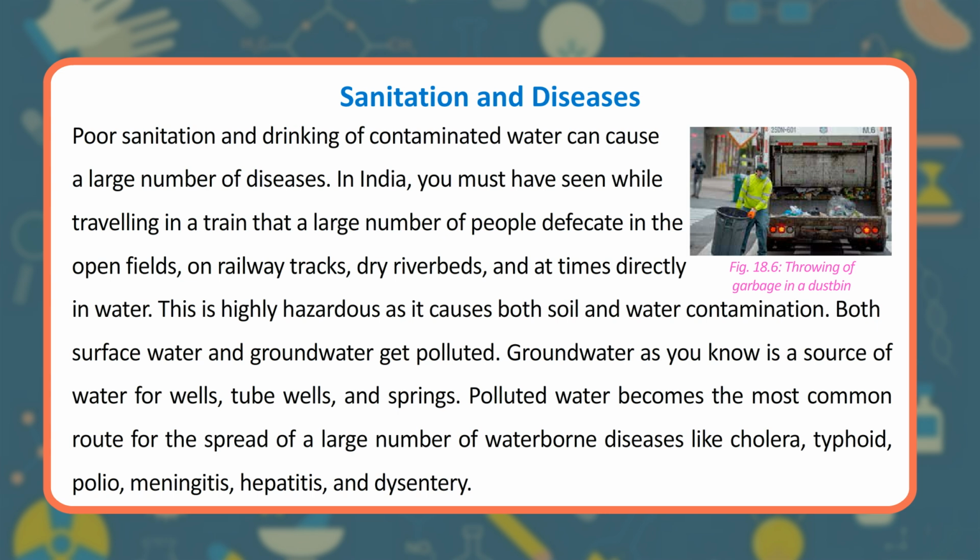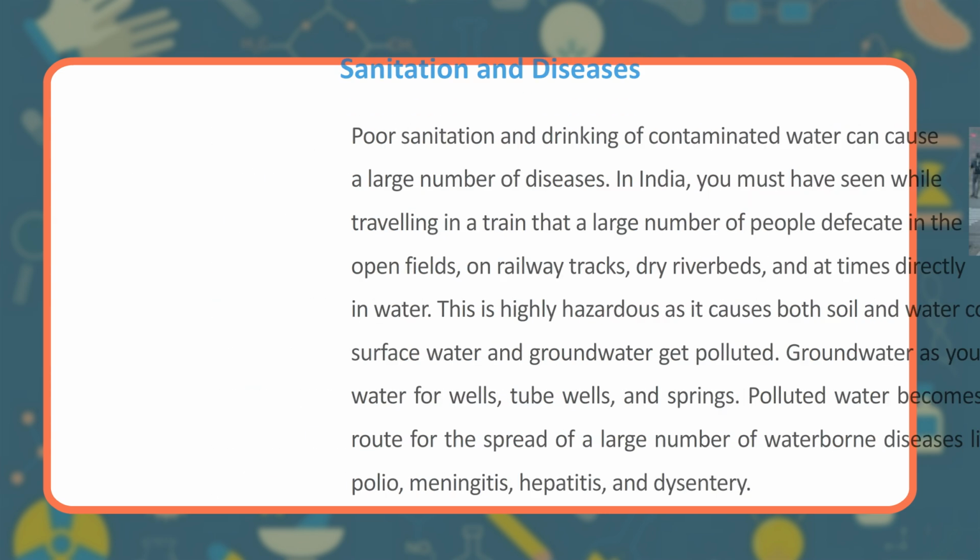Both surface water and groundwater get polluted. Groundwater, as you know, is a source of water for wells, tube wells, and springs. Polluted water becomes the most common route for the spread of a large number of waterborne diseases like cholera, typhoid, polio, meningitis, hepatitis, and dysentery.